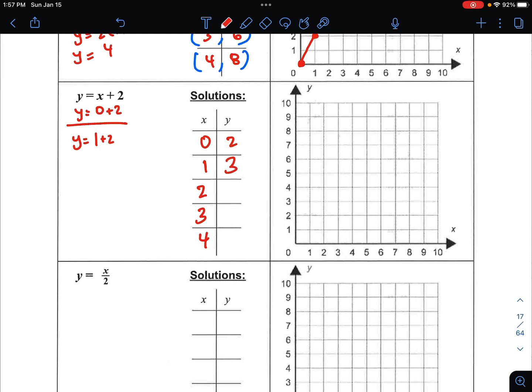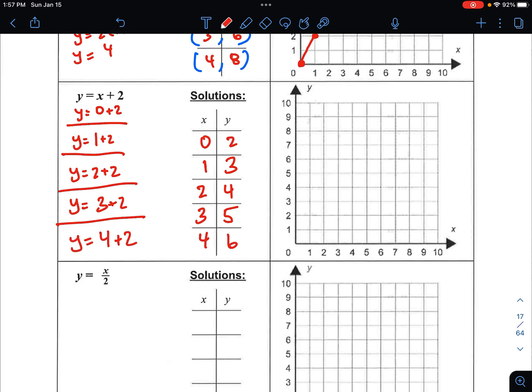It's 3. When x is 2, y is 2 plus 2, which is 4. When x is 3, y is 3 plus 2, which is 5. And when x is 4, y would just be 4 plus 2, which is 6.